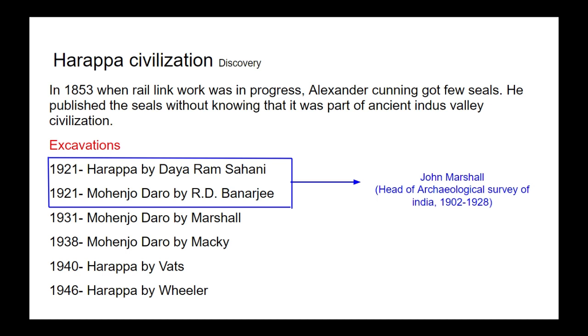In 1931, Mohenjo-daro was excavated by Marshall. In 1938, Mohenjo-daro by Mackay. In 1940, Harappa by Watts, and in 1946, Harappa by Wheeler. And later on, more sites got excavated.